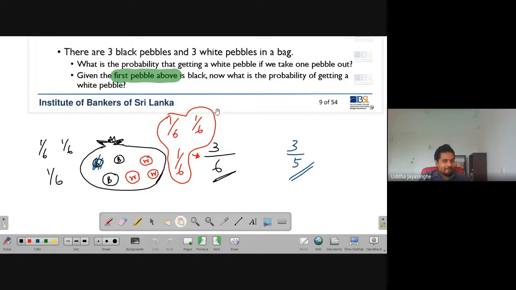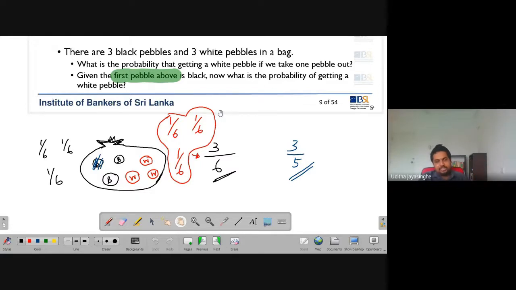But don't be like that. Whenever there are data not being categorically or specifically mentioned, you have to be assuming those facts. It's always good to mention your assumption, thinking the pebbles are the same size, thinking the pebbles are the same weight, physical size.